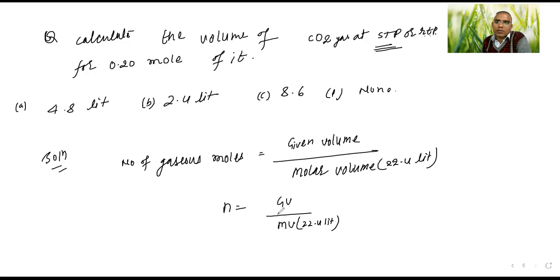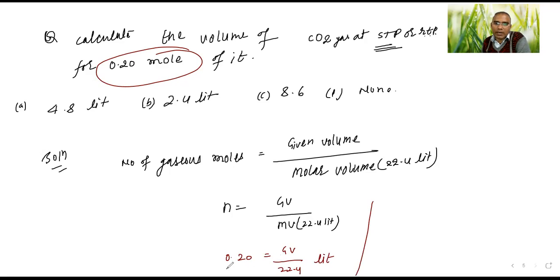The N value they have given is 0.20 mole. So 0.20 is equal to given volume, which we need to calculate, divided by 22.4 liter. Cross multiply.